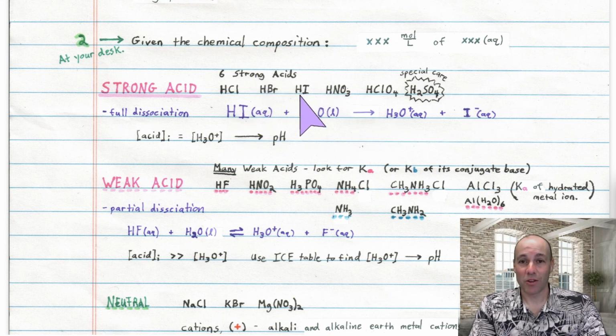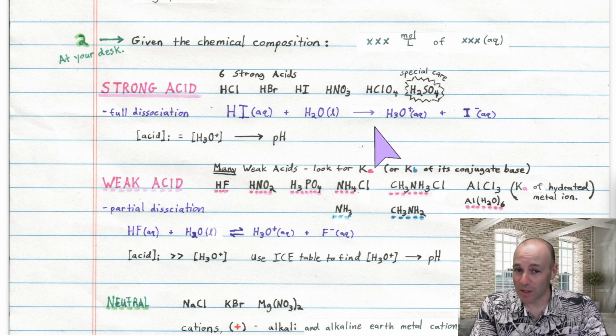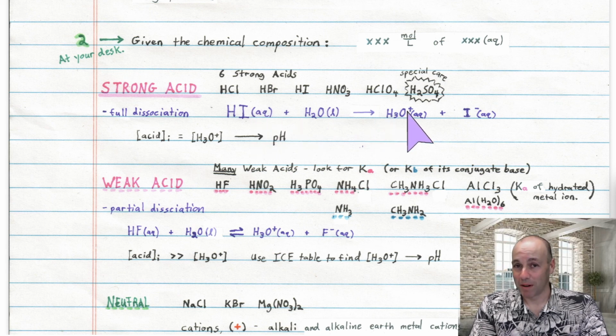So if you take HI, for instance, Hawaii's state chemical, so HI is hydroiodic acid, it will dissociate fully as acknowledged by the one-way arrow, and all of the HI molecules will turn into protons. All of them will split apart.